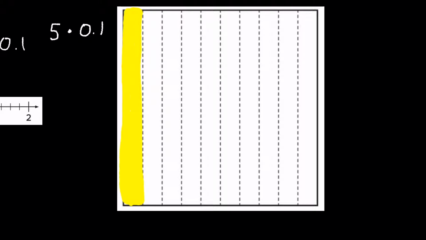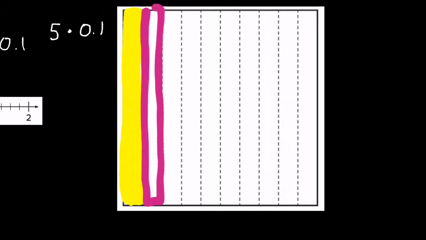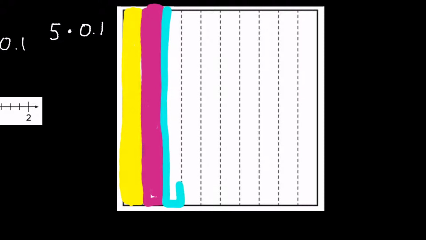There's our first group, 1/10. But we don't want just one, we want 5 of them. So to make this look even better, hopefully, let's do a second group. There's our second group of 1/10. Here's our third group, changing color again. I'm doing this each time just to show that we have the different groups, because otherwise it just looks like one big blob and you can't really tell how many different groups you have.